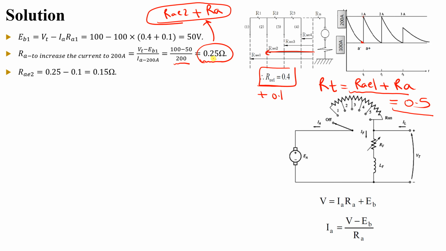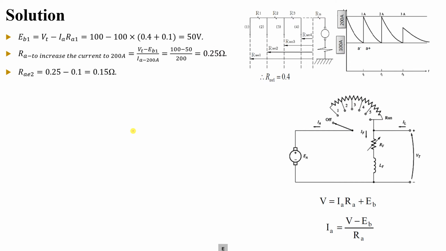So the new resistance of this armature at this position, for example, will be this resistance plus armature resistance. So I would like to know this step only. This part only is 0.15 ohms after subtracting our armature. Now, again, I'm going to wait for the current to go down due to increase in E back.